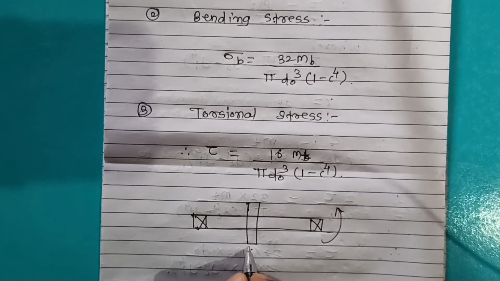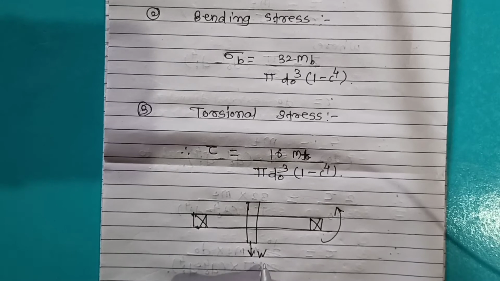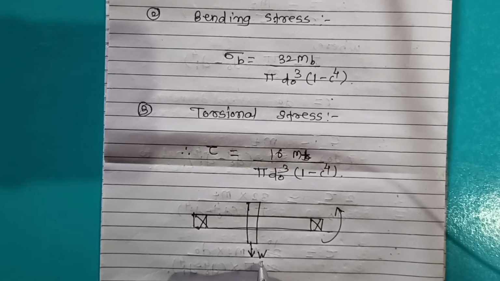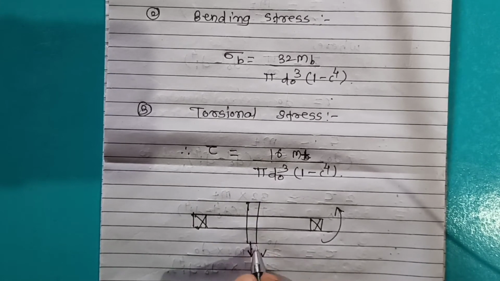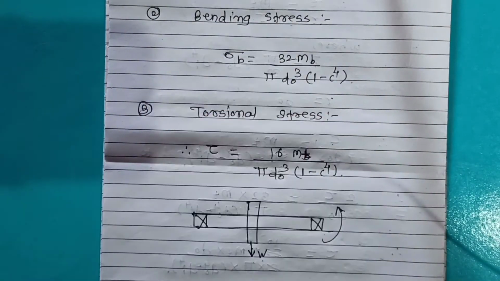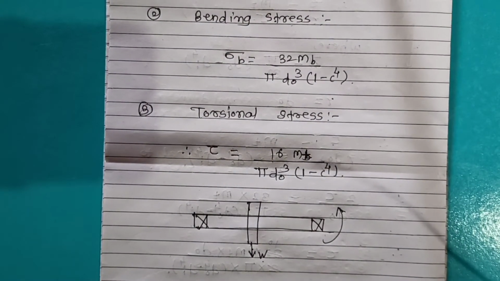Due to the weight of the pulley W, a bending moment MB is created in the shaft, and due to the bending moment bending stress acts on the shaft.